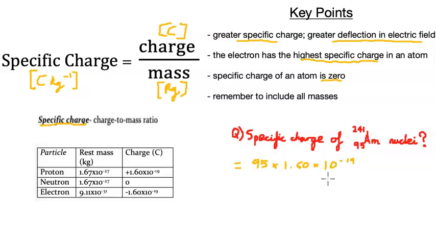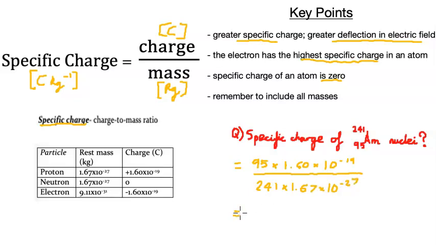And then we divide this by the total mass of the nucleus, and that's the nucleon number, which is 241. And we multiply this by the rest mass of protons and neutrons, which are the same. So it's 241 × 1.67 × 10^-27 kilograms.